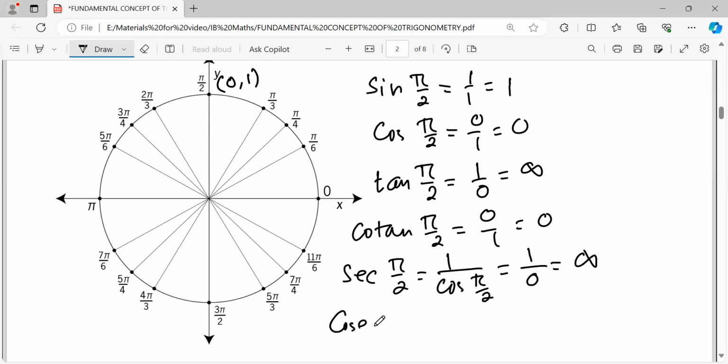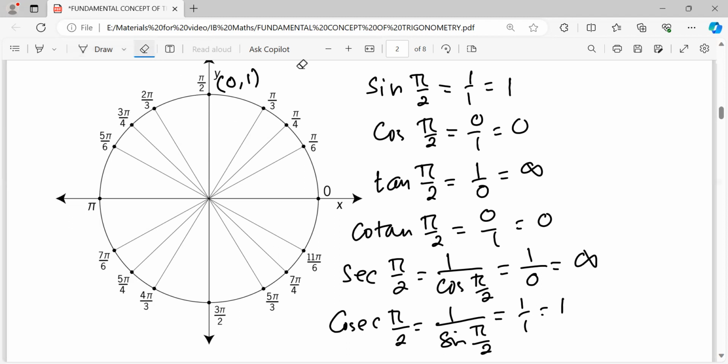And cosecant pi over 2, 1 over sine pi over 2 equals 1 over 1 equals 1. Okay.